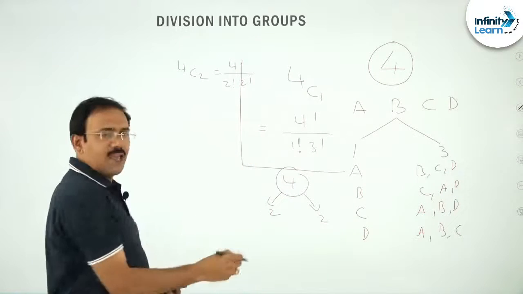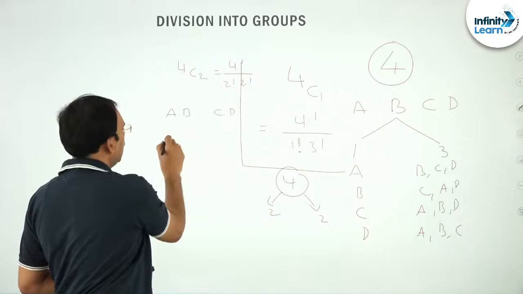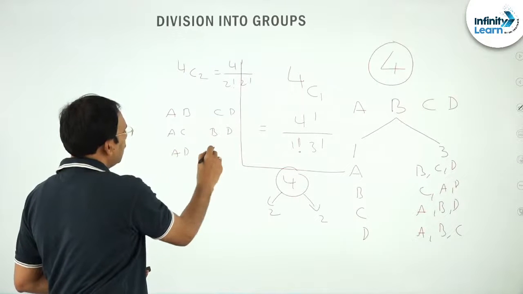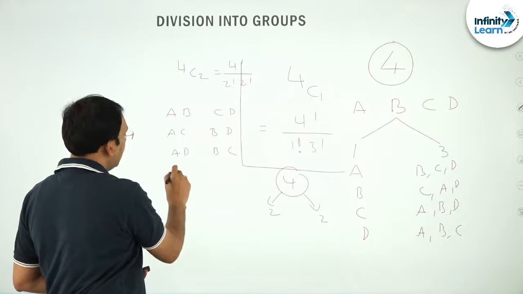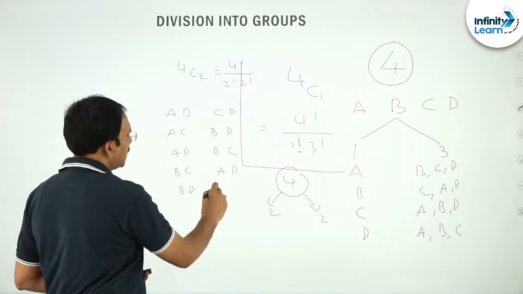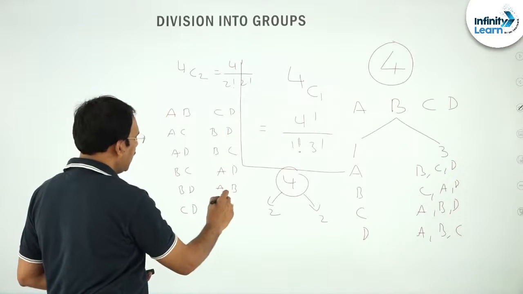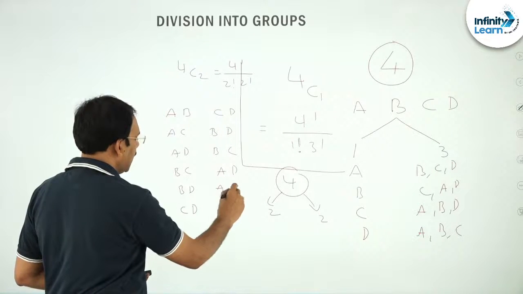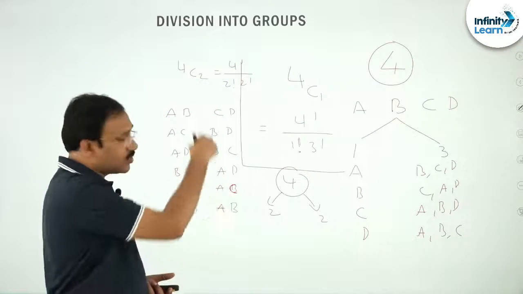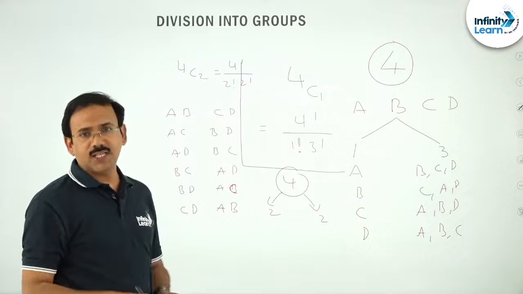Out of 4, say A, B, C, D, if you write AB in one group, the other is CD; AC goes with BD; AD goes with BC. Here you got 4C2 because these are the number of ways of selecting 2 objects out of 4.